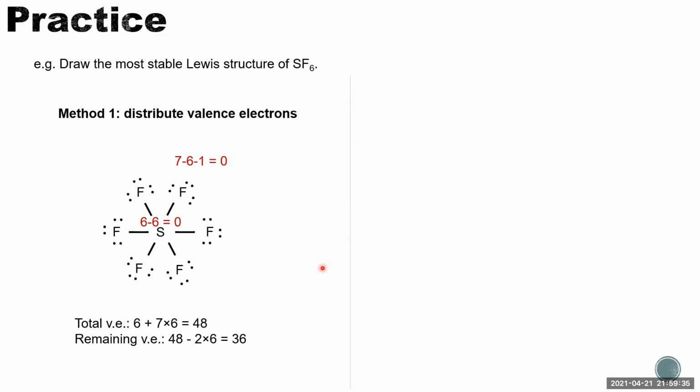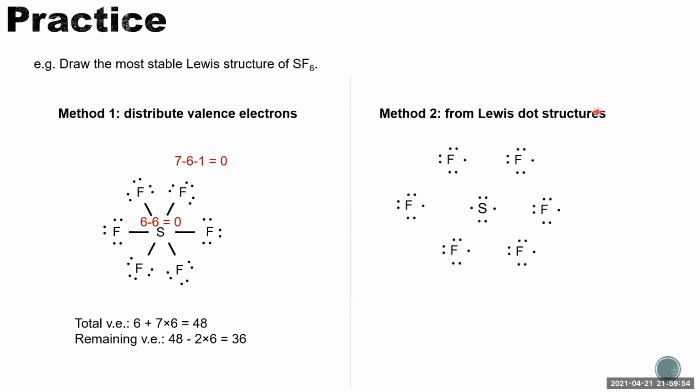Now, if we use another method, we can write the Lewis structure from the Lewis dot structures of atoms. Sulfur has 6 valence electrons around it, and fluorine has 7 valence electrons around it. If we want to pair up the lone electrons, there are only 2 electrons in sulfur that can pair. So what we can do now is break 2 pairs of lone electrons in sulfur into 4 single unpaired electrons.